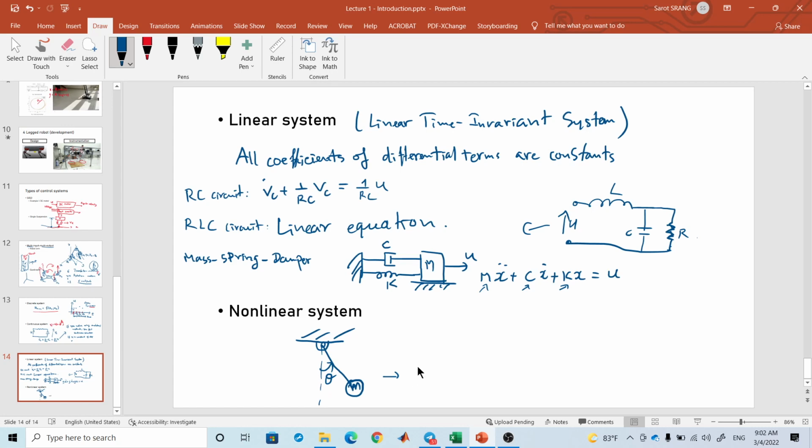The equation looks like this: theta double dot plus g over l sine theta equal to the input term.